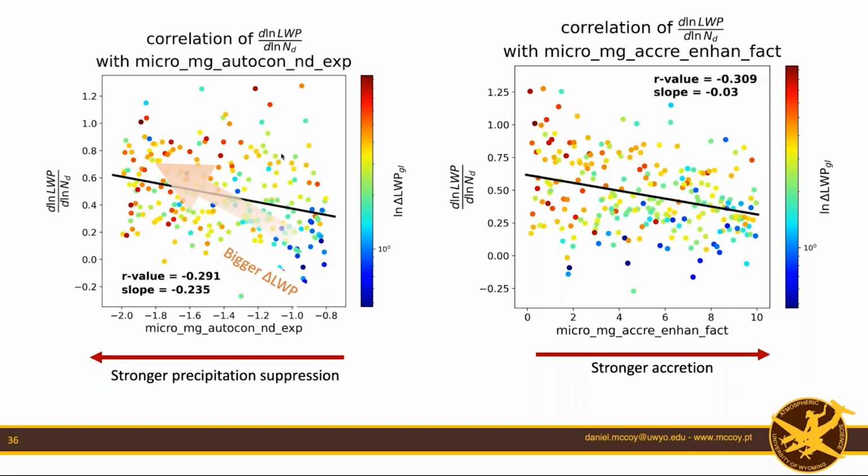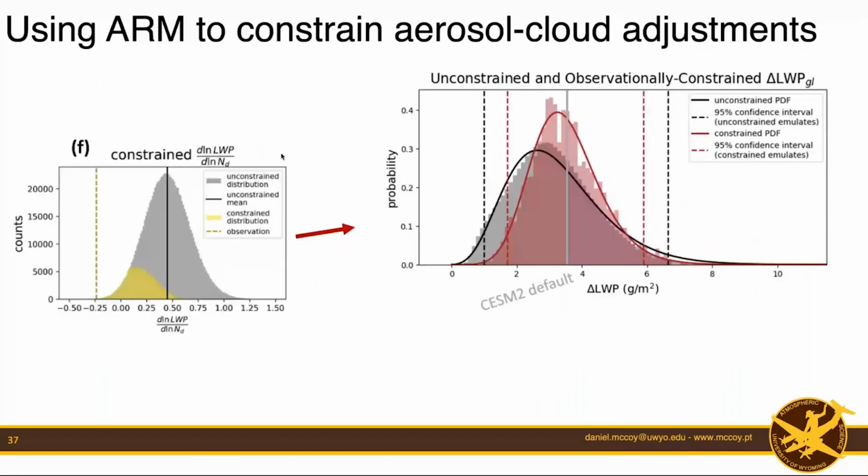One interesting thing is that if you go through and you constrain delta liquid water path between PI and PD from CAM6, using the observations, you still get an overall positive delta liquid water path. And arguably this constraint's not great because the emulator could be a little better, but we're working on that for the paper.